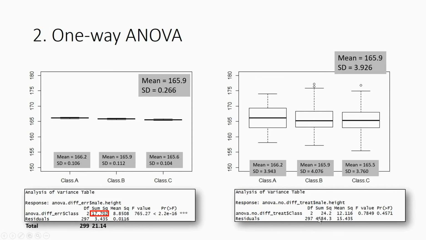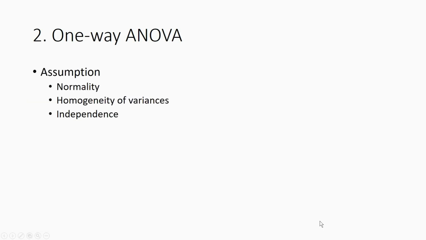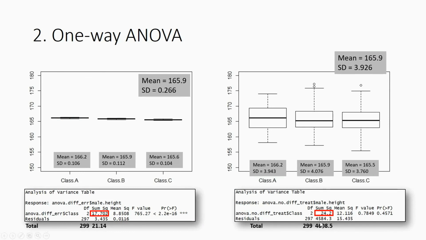So the total sum of square is quite different between these two data sets. You can see the variation, right? It's a lot of difference. Even though in this case the between group sum of square is larger than in this one, because of the unexplained error, the within group sum of square is very, very large compared to this one.